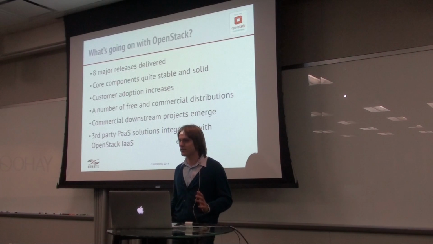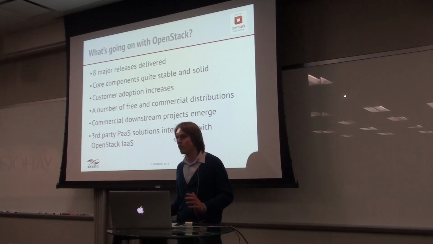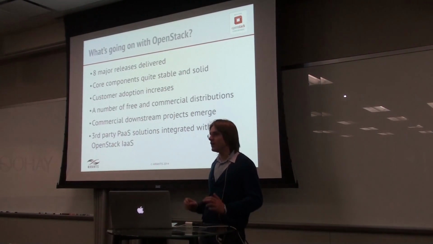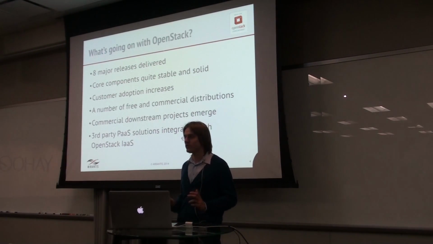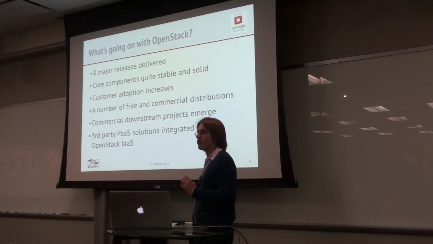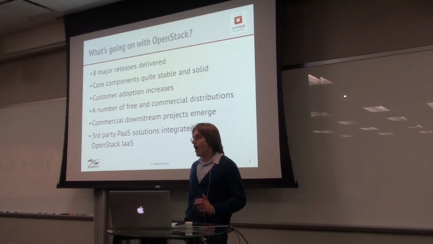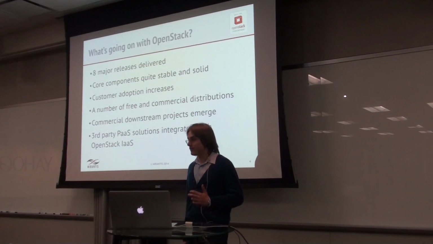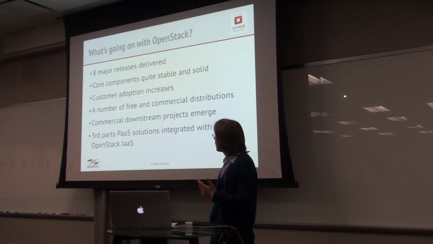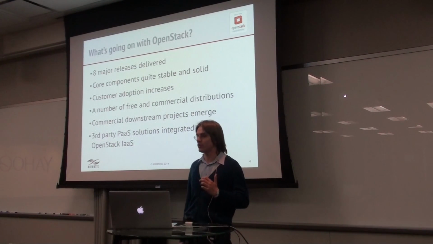Well, it used to be this some time ago, but now it's becoming more and more mature, more and more solid. It's becoming a serious player on the infrastructure as a service market. It has a number of customers who adopted it, a number of enterprises working with OpenStack, and eventually it will have more. The core components of OpenStack, the infrastructure layer, are pretty solid.